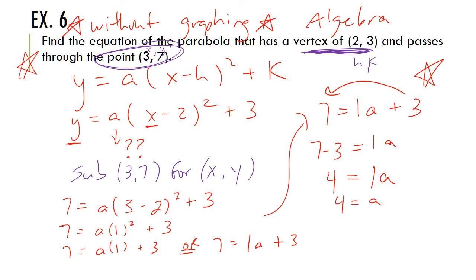Now you're not done. You have to put all the pieces together. Remember, it's asking you for an equation. So our final equation: y equals 4(x minus 2) squared plus 3.